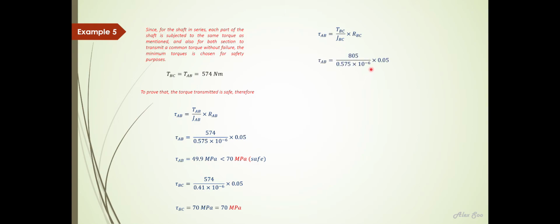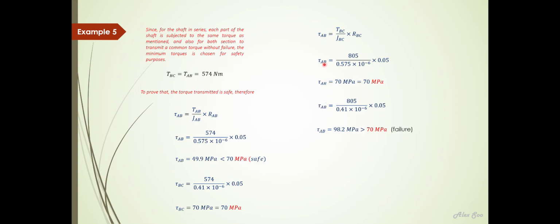Okay. So now for the next one, we are looking at the torque of 805 instead of 574. Why are we adopting 574 and not 805? You can see that the first condition is met, 70. Then the next one is for section BC, so this is section BC here, not AB.